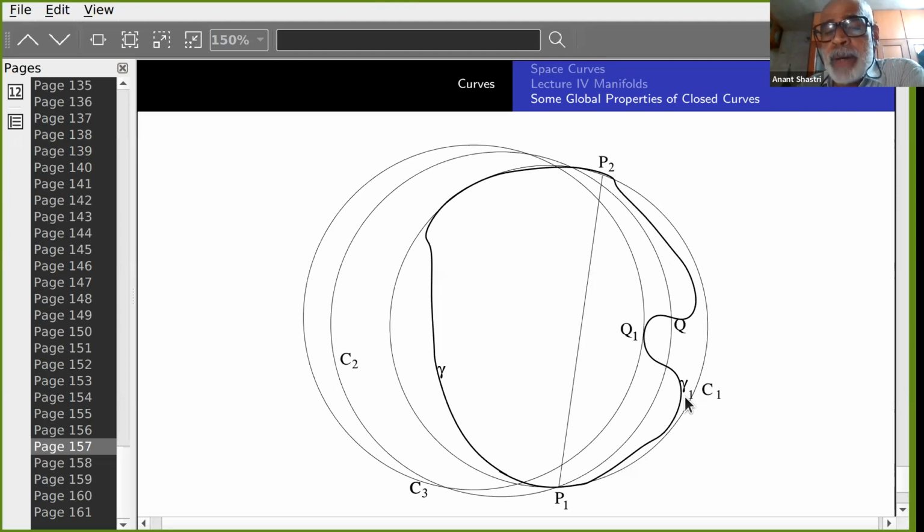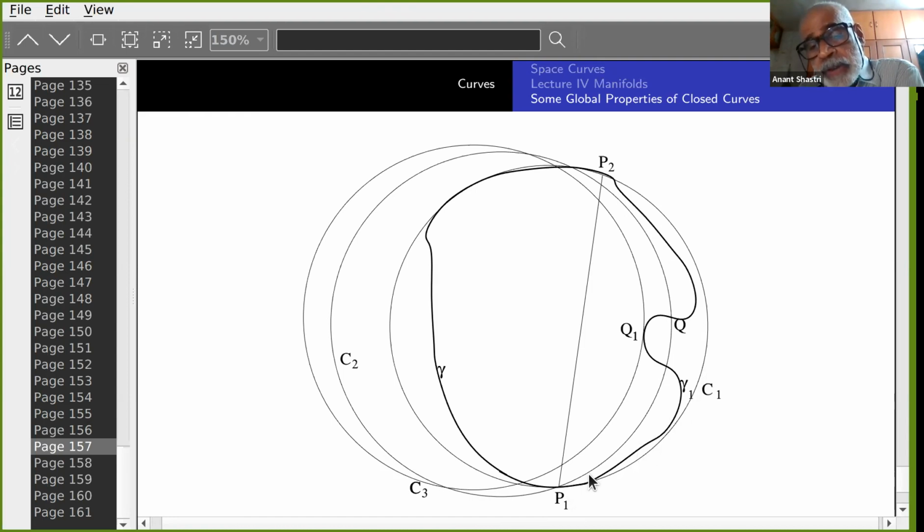Let us call it gamma 1. What happens to this curve? You see, this is the circle, it is touching here, this C1.